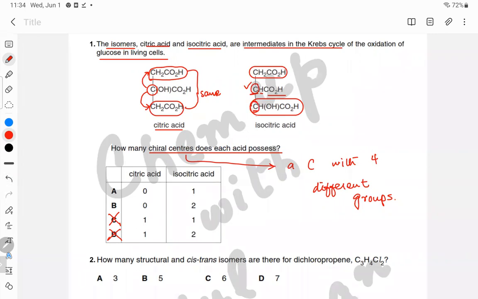Because we have one hydrogen over here, then we have an OH over here, then we have a CO2H over here, and then we have this whole group bonded to this carbon. So let's mark this carbon as chiral as well. So we have 2 chiral carbons or 2 chiral centers in this isocitric acid. So that's why I will mark A wrong and B as my correct answer. Is this understandable to everyone?